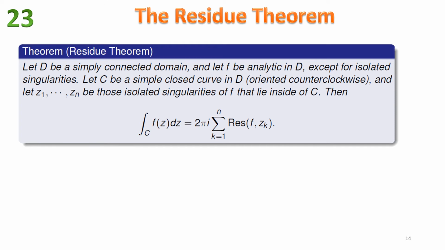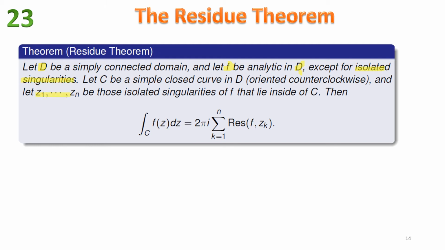Let us suppose that here we are going to discuss the residue theorem, and this lecture is all about the residue theorem. This is a very powerful theorem which is going to offer us integration in terms of a_k coefficients. Now let us suppose that D is a simply connected domain, and this domain bears a function f that is analytic in this domain, except for isolated singularities at a few points.